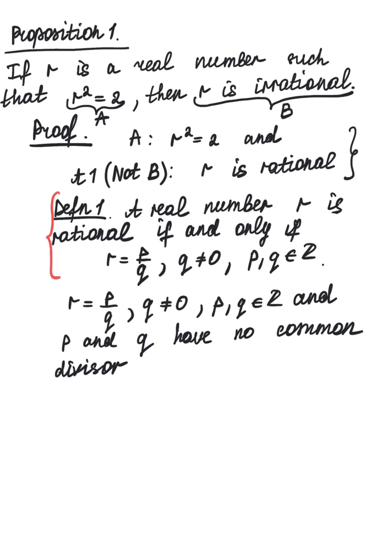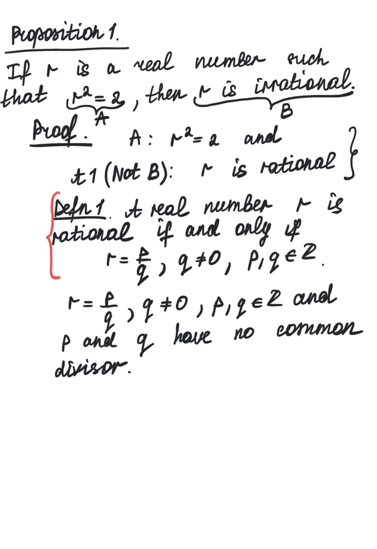Even if they did have a common divisor, then this number could be cancelled from both p and q. So it's not a problem. It's okay to assume that p and q have no common divisor. Now we will try to reach a contradiction.